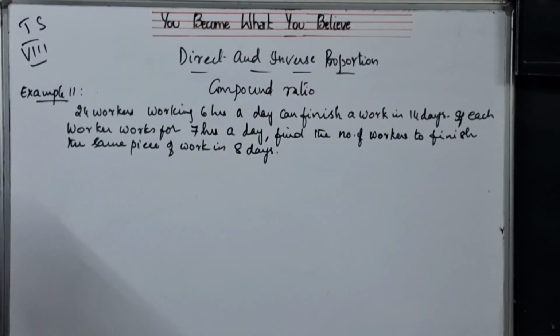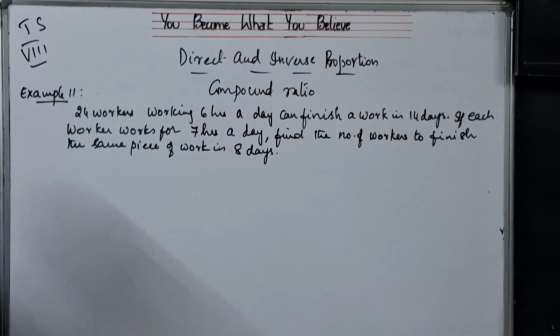Now, example 11. 24 workers working 6 hours a day can finish a work in 14 days. If each worker works for 7 hours a day, find the number of workers to finish the same piece of work in 8 days. So here what are the three quantities you have got?